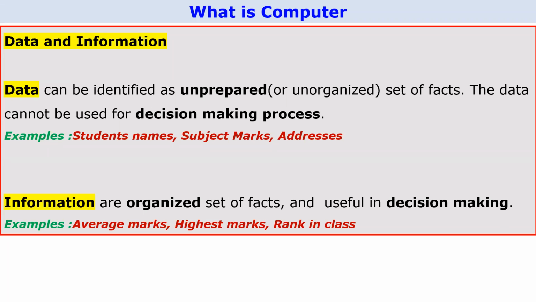By looking at information, it is possible to make decisions. That's the simple difference between data and information. You must be familiar with these terms, because the computer completes its operations based on data and information. Right, now we can move to the next part to identify what a computer is.